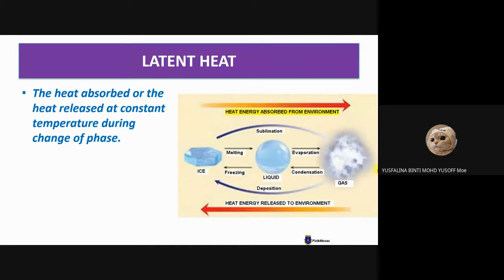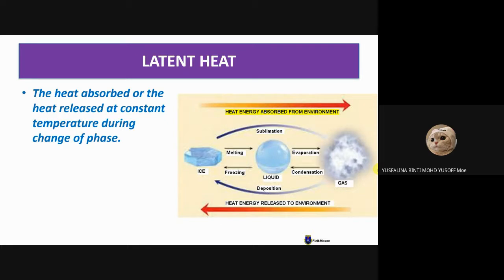So what does latent heat mean? It is the heat absorbed or released at constant temperature during a change of phase. Whether it's solid to liquid, liquid to gas, or gas to liquid, the heat that is absorbed or released is used to change the phase. So that's the meaning of latent heat.